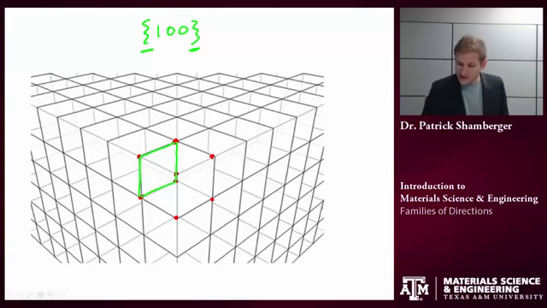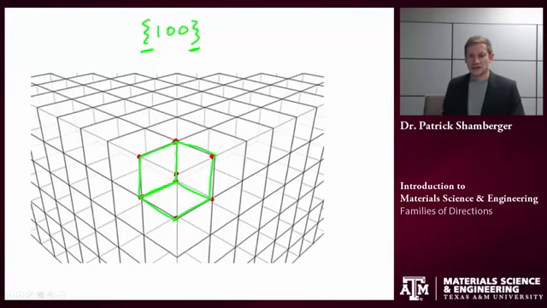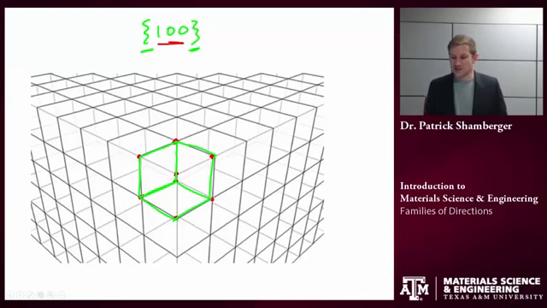So this set of planes is totally equivalent to this set of planes and to this set of planes as well. Cubic systems are nice because if you want to say what are the family of directions or planes in that cubic system, you can reorder any of the indices and you can switch them from positive to negative.